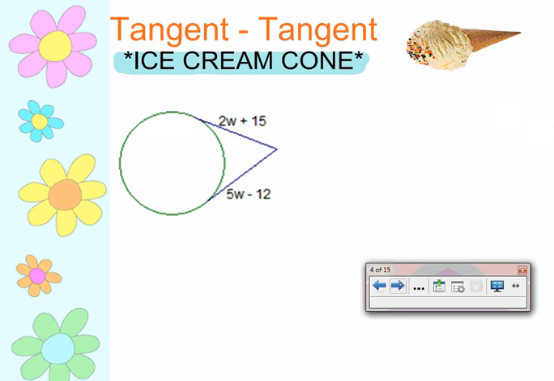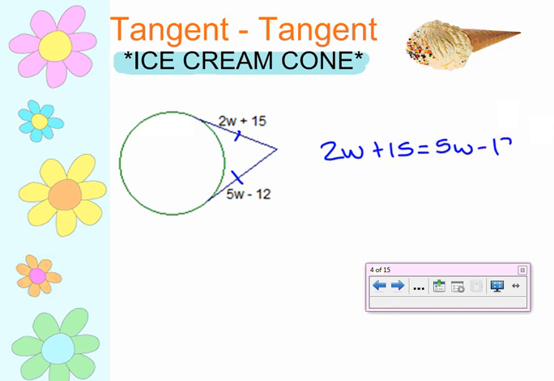Okay, so here, this time we don't have any exact numbers, but we do have two pieces that we can again set equal to each other. So 2w plus 15 equals 5w minus 12. Now we're solving an equation, so remember you want to make all your letters on one side and place all of your numbers on the other.